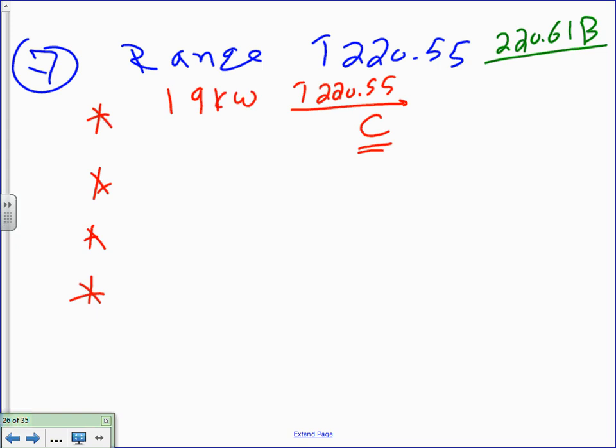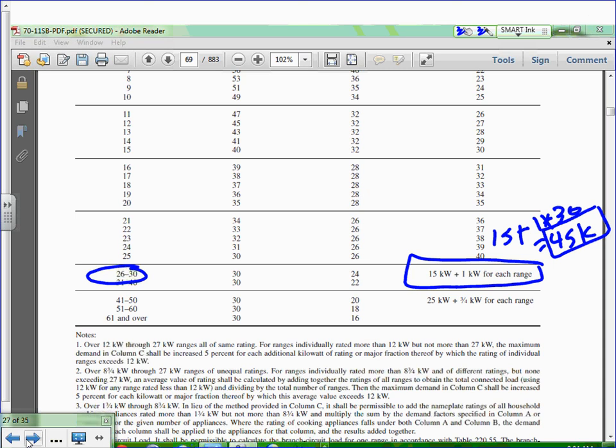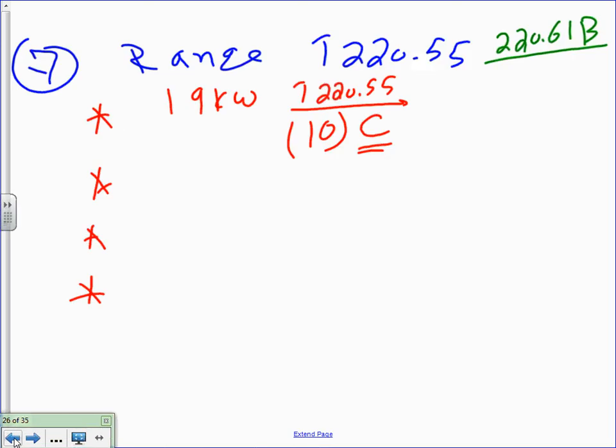And how many of them? 10, right? 19 kW, 10 of them under column C. That gives me 25. Everybody got 25? 10 of them under C, 25. So the first thing is 25 kW. That's step 1.